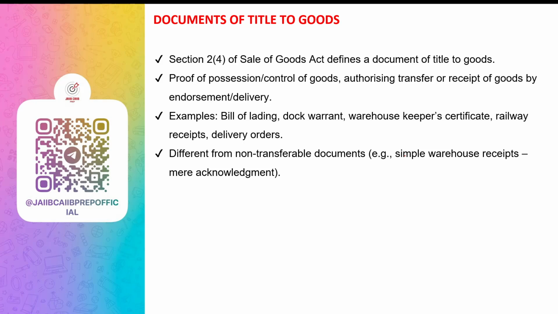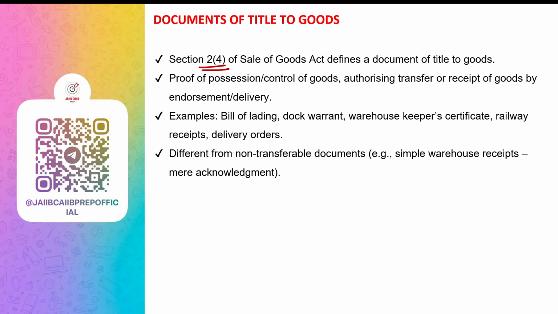Document of title to goods. Document of title of goods is defined under section 2 subsection 4 of Sale of Goods Act. A document of title to goods, it is a document used in ordinary course of business as proof of possession or control of goods, which authorizes either by endorsement or delivery the possessor of the document to transfer or receive the goods.